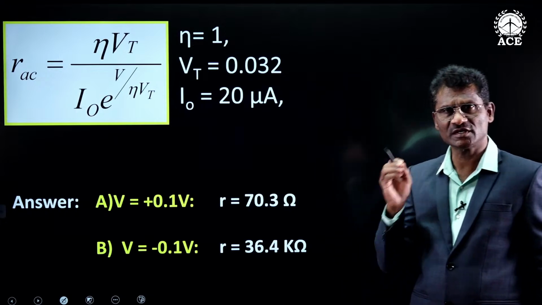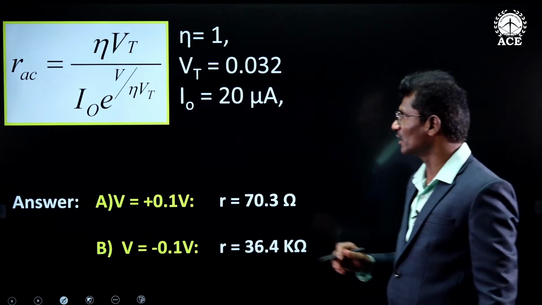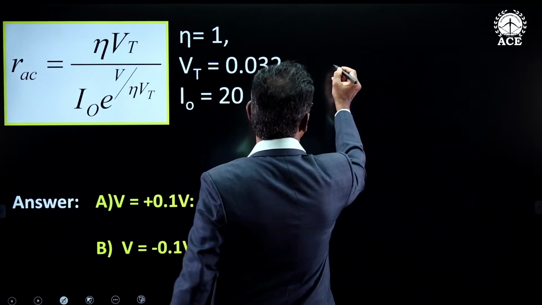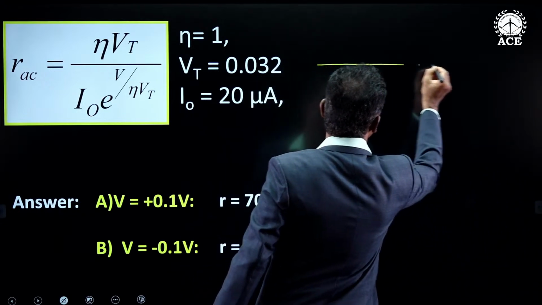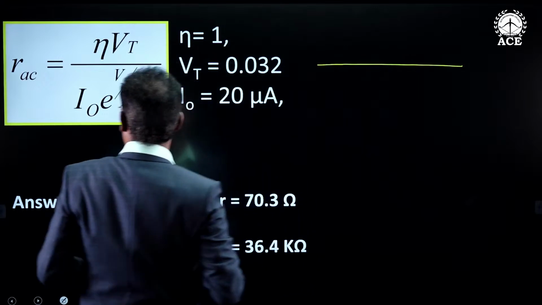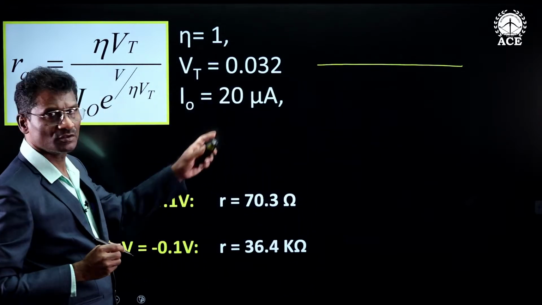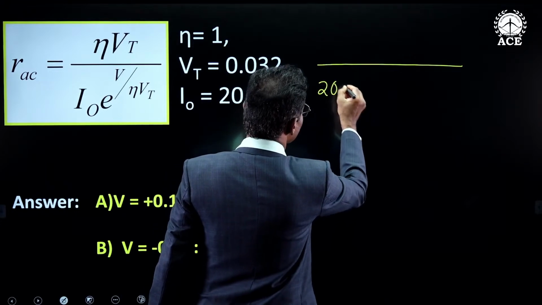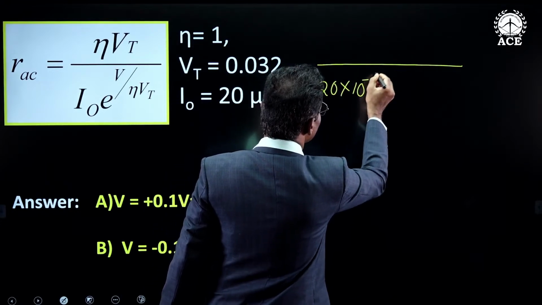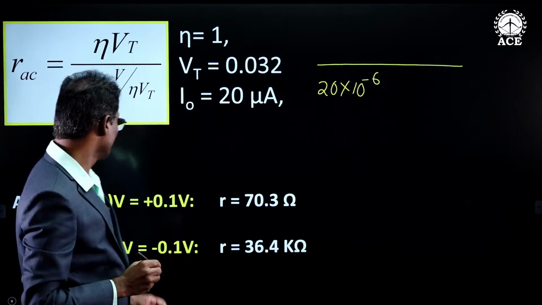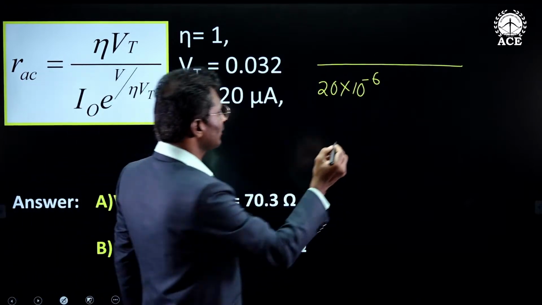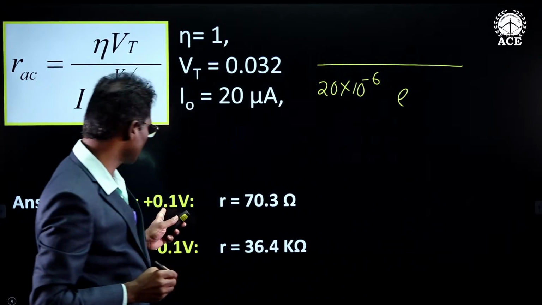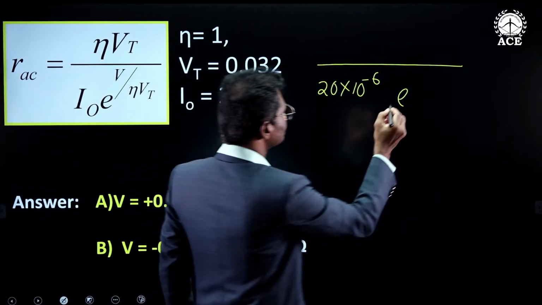Here, as I said earlier, substitutions are required. I'll just write in a simple fashion here. I naught is how much? 20 microamps. E to the power of V by eta Vt. Assume part A, V is 0.1.